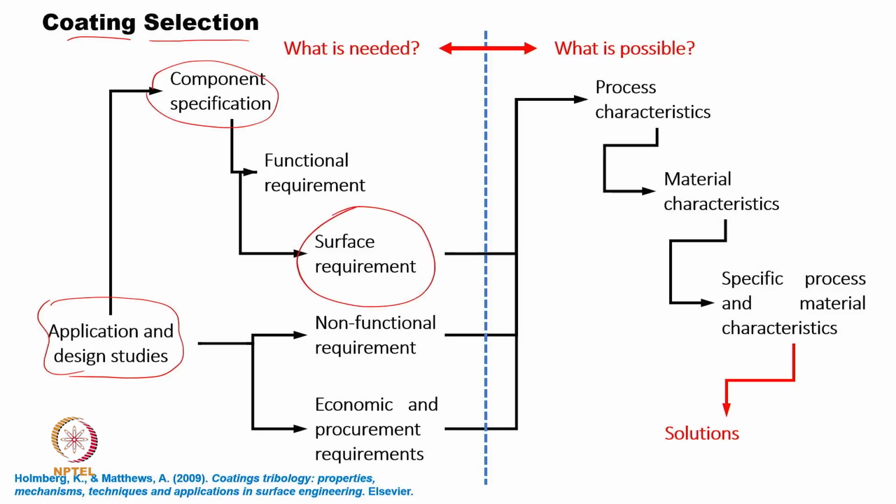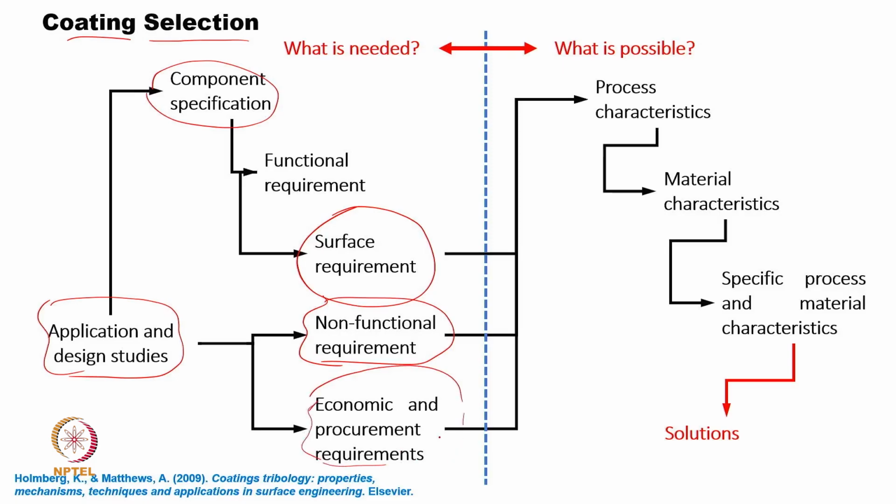Coating is very common, and every component maybe requires a coating. However, sometimes we want aesthetic only, not a functional coating. So, the non-functional requirement is only aesthetic appearance: we want a pink color, or some flower shape, or some sort of logo on that.